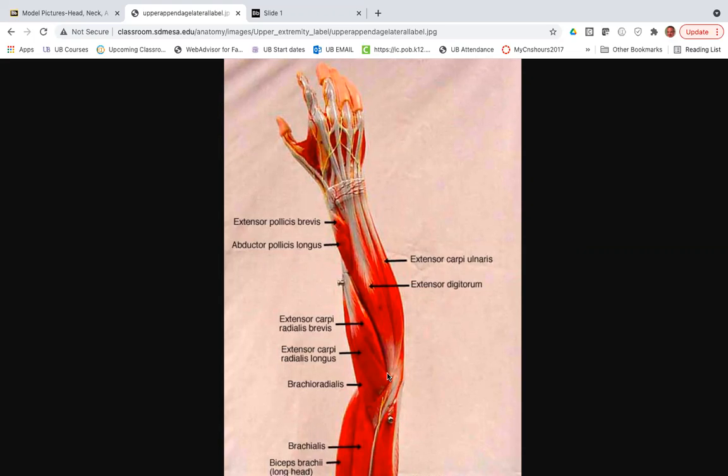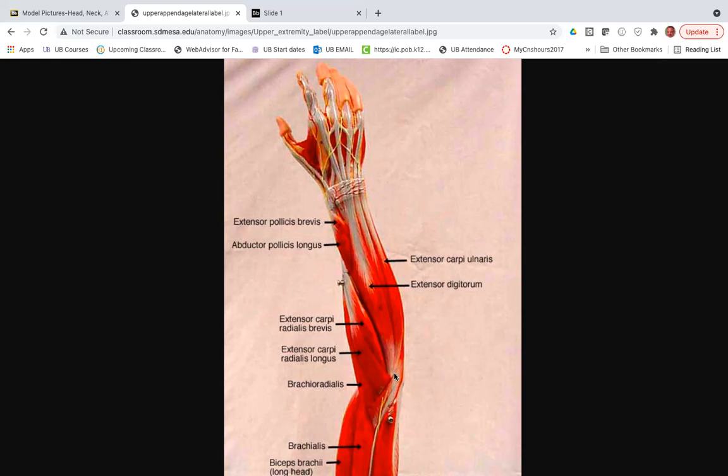All the wrist flexors, like flexor carpi radialis, flexor carpi ulnaris, palmaris longus, and we'll throw in the pronator teres, they're going to have a common origin, and that's on the medial epicondyle. Again, those are the muscles of the anterior forearm. The muscles of the posterior forearm, all of these extensors are going to originate off the lateral epicondyle of the humerus.